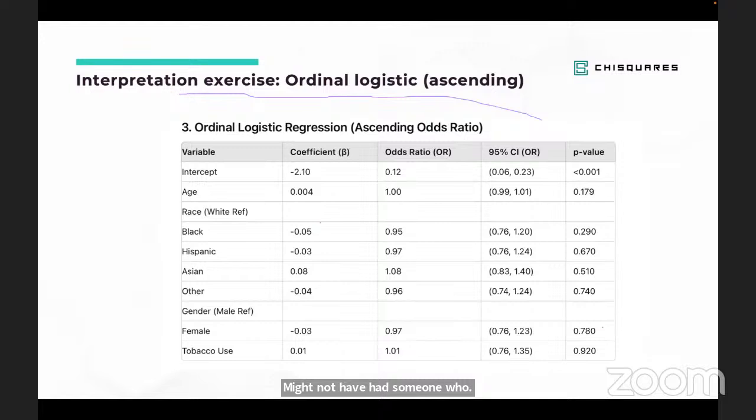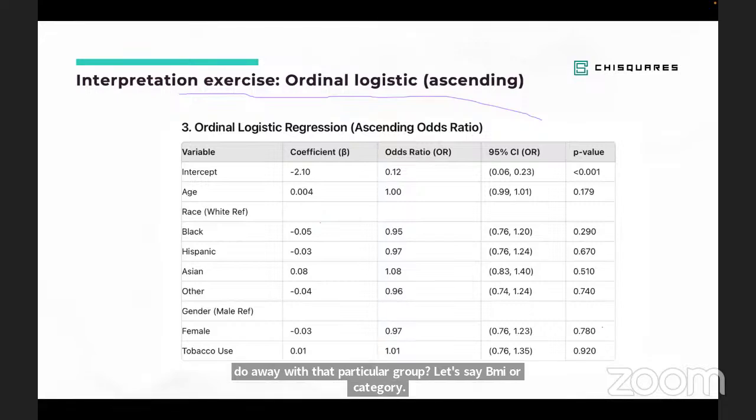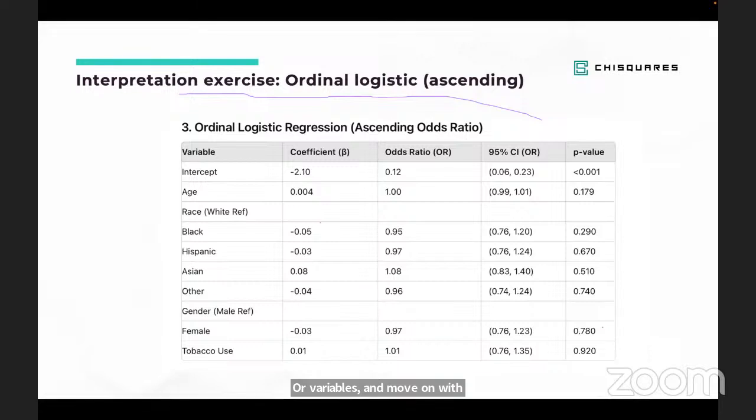Should you do away with that particular category or variable and move on with the others? Or is there any way you can adjust? Because you cannot regroup underweight as overweight. There's nothing you can do about that. So what can one do in such a situation?